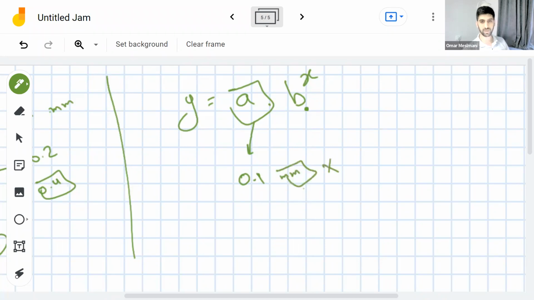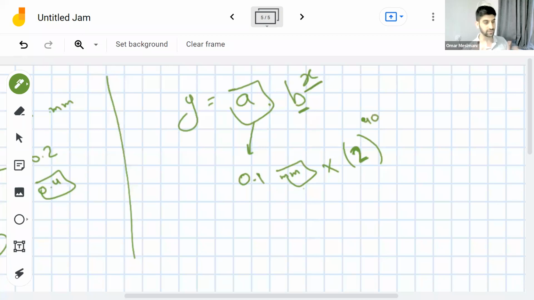Multiplied by the rate. What we are doing is doubling it. So 0.1 multiplied by the rate, which is double. If you double it 1 time, it's going to be 0.2. I'm going to double it 40 times.